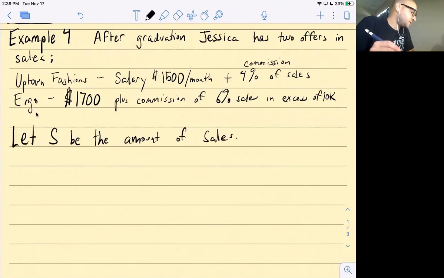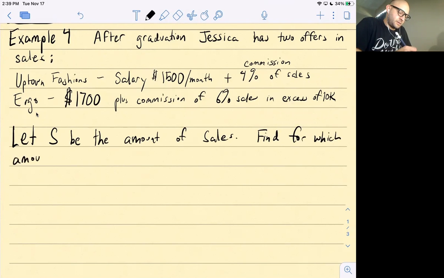The question is, find out for which amount of sales is Uptown Fashion's pay better.